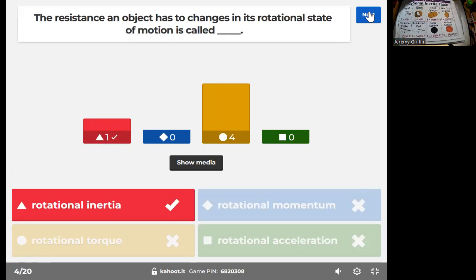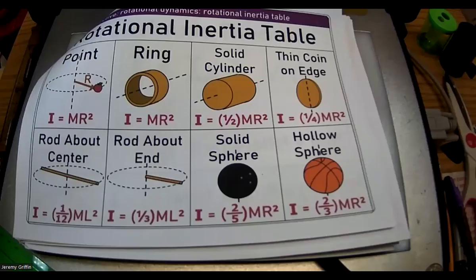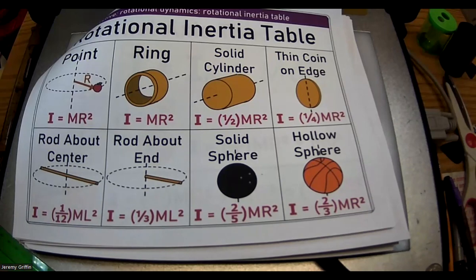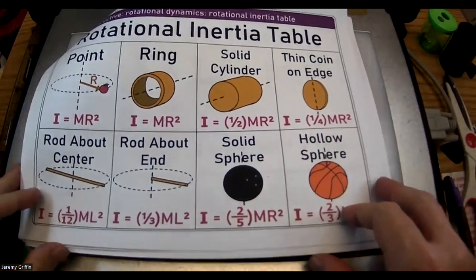Somebody got it. All right, so rotational inertia. Let me flip over here and remind you guys what that is. I've got a whole table of rotational inertia values. This is also hanging from my ceiling back there. All these posters, well, almost all these posters are.